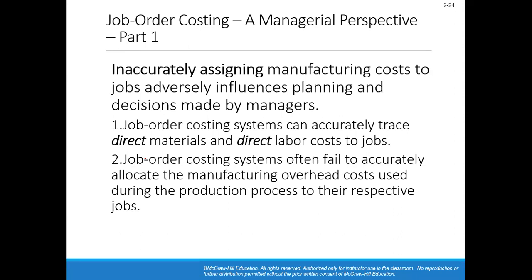Some companies, for example textile manufacturing companies, are particularly the best example for using job order costing. They do not produce their shirts, their material, their clothings without an order. They receive an order first, which is in general a customized order.